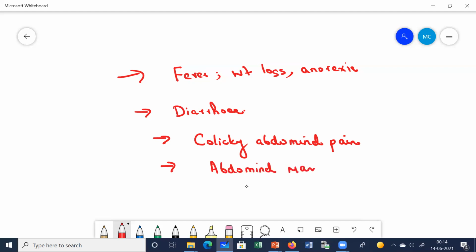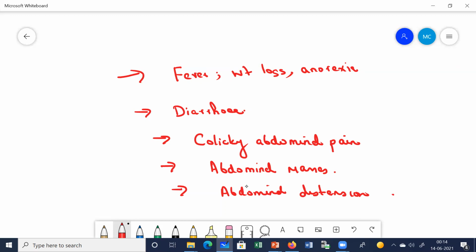And if ascites occurs, then you will get abdominal distension also. Clear? So these are some of the clinical features the patient is going to present with.